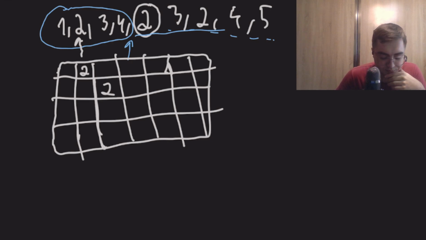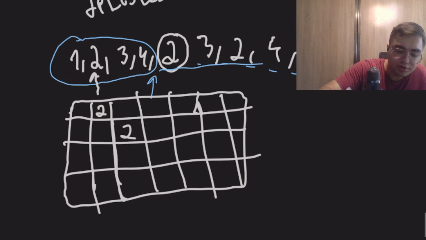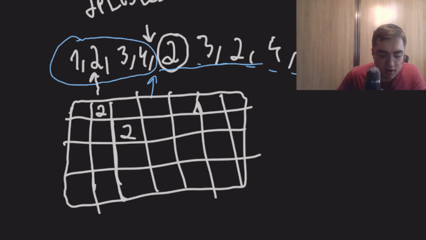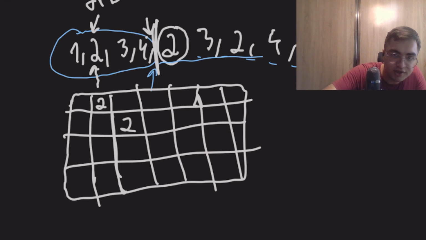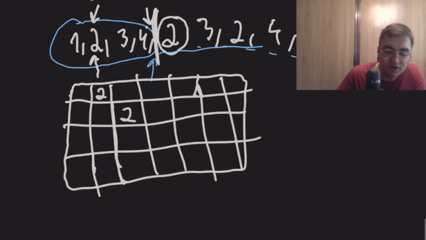And there are 2 possible cases. Either the person who wins here gets to these 2 first, or the loser gets to these 2 first. And by winner and loser, I mean the winner and loser if we're only considering this part, right? Let's say the winner gets to these 2 first.